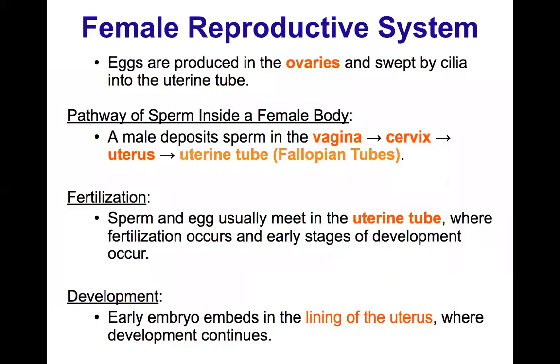Okay, so what are the processes in which sperm enters a female body? Well, after a sperm enters the vagina of the female, it will then pass by the cervical area known as the cervix, and then directly into the uterus. Once it's inside the uterus, it will be looking for one of the two fallopian tubes, one to the left and one to the right.